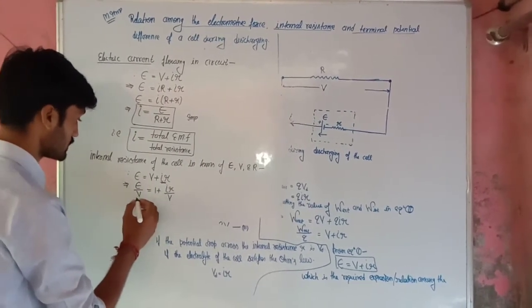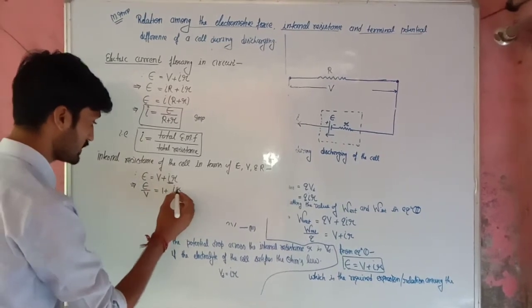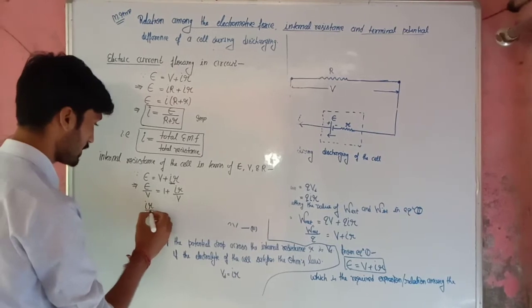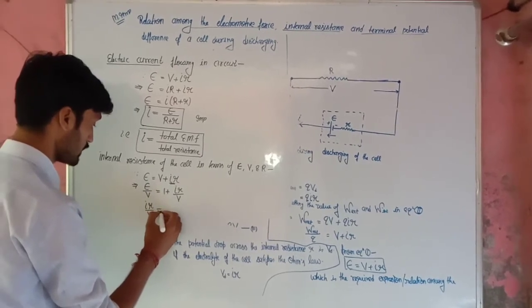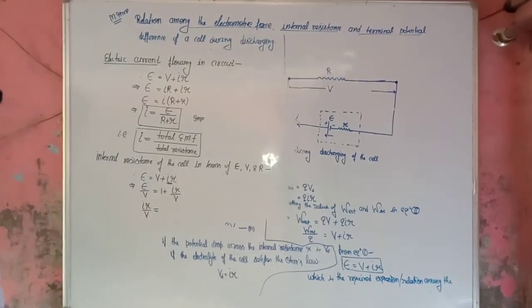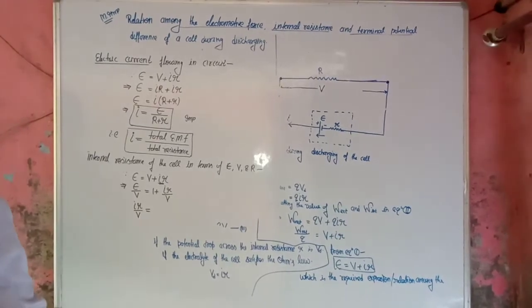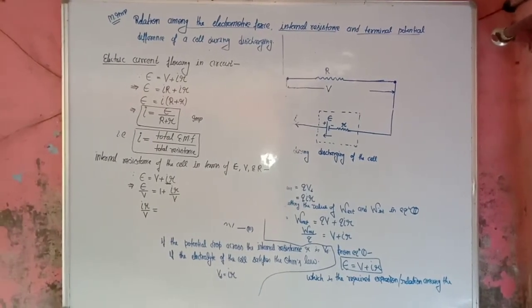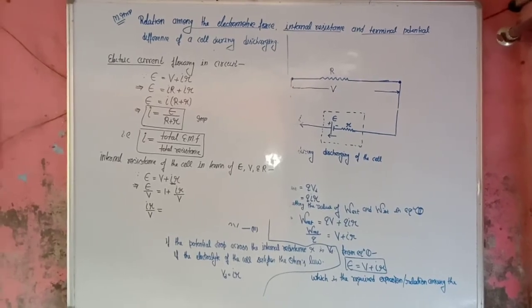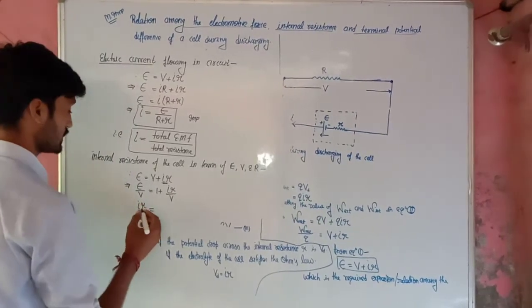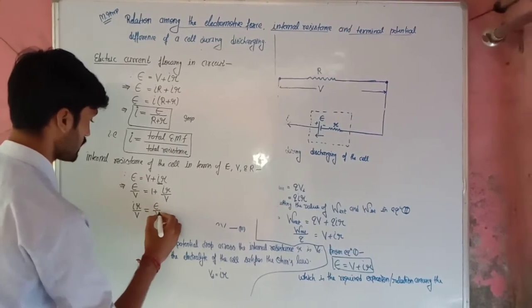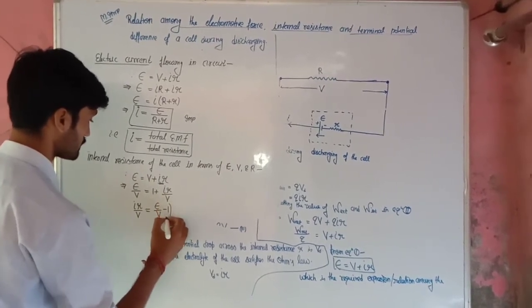We can write this also like this, I r divided by V equals E by V minus 1.